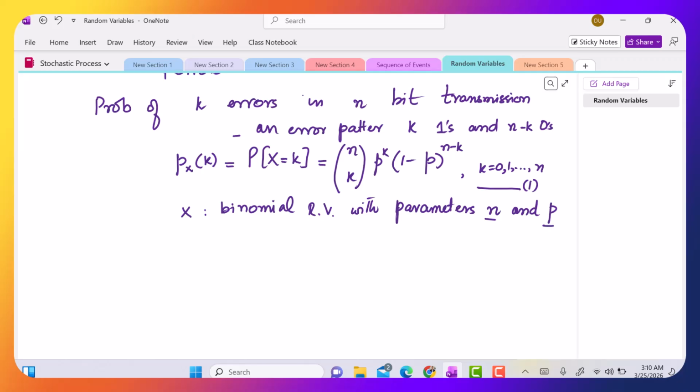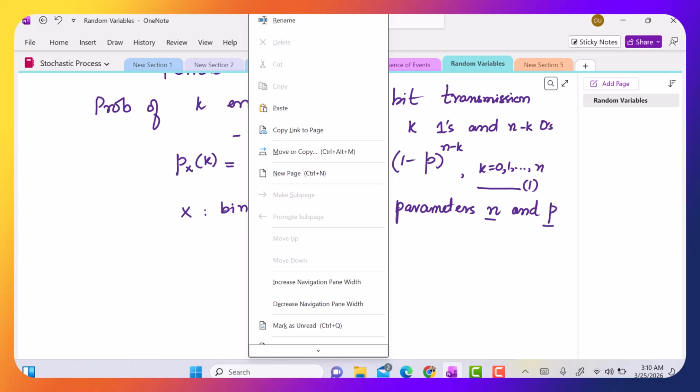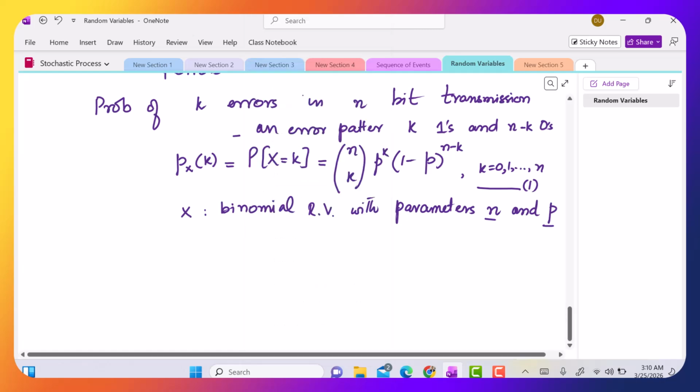We could be looking for success of an experiment or the failure of an experiment, it just depends on the problem. Here we are looking at the number of errors, so we specify the probability of each bit to have an error by p.